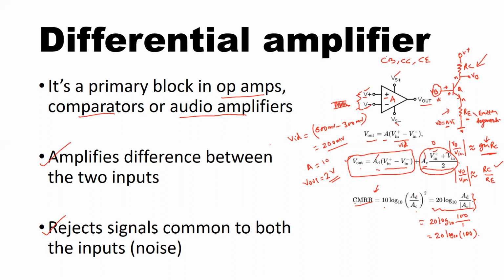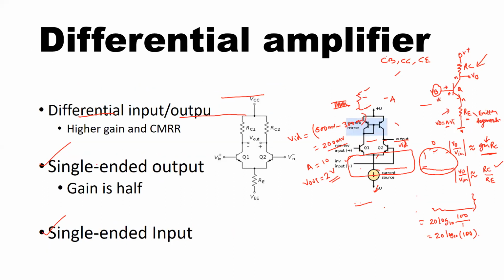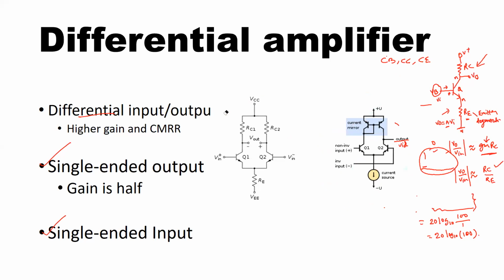Now moving on to our next slide, what you see here, let me use the eraser first. There is a lot of flexibility in how you want to use the differential amplifier.